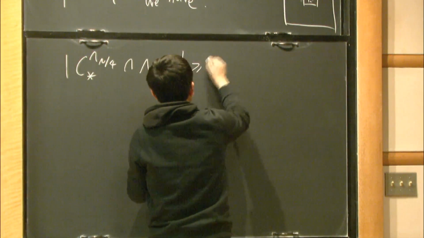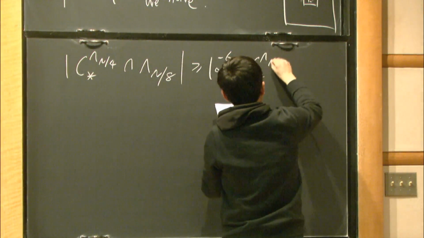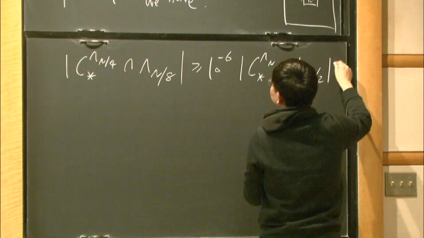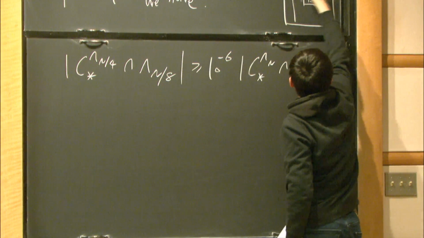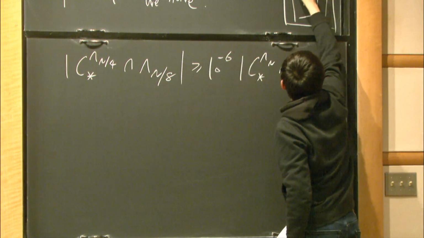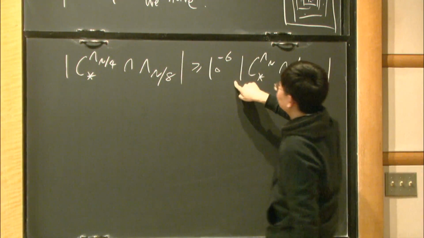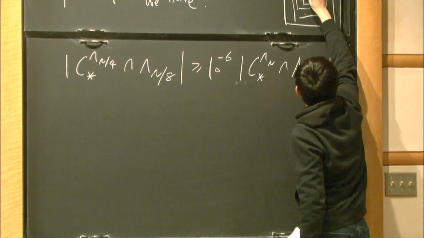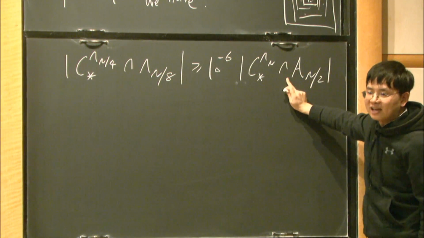This is actually larger than 10 to the minus 6 times C star lambda n intersect with the annulus. So there's the annulus outside somewhere. There's some zeros. I want to say with some probability that the zeros inside with respect to the smaller boundary is larger than the zeros outside.